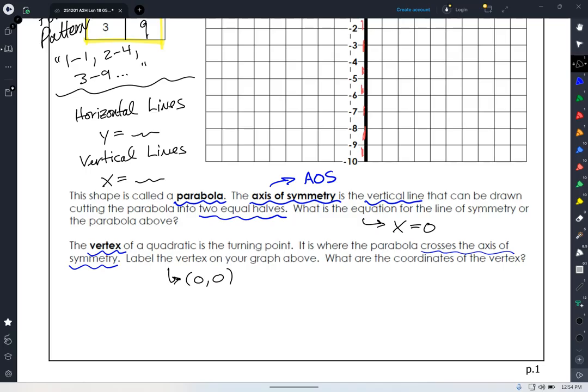So then that's going to give us some specific language to refer to our vertex. Like, for example, the vertex of a parabola that opens up, we're going to call that a minimum. It's the lowest point on the graph. Get it? Now, for a parabola that opens down, our vertex is going to be called, what do you think? A maximum. That is the highest point on the graph. Remember, height refers to up and down, which is which axis?